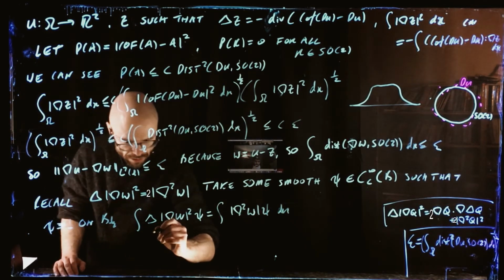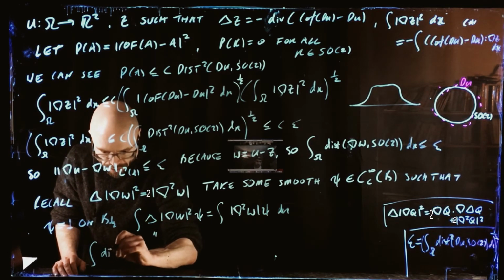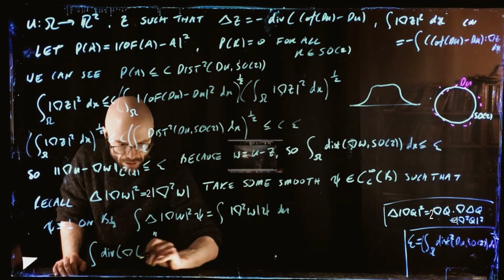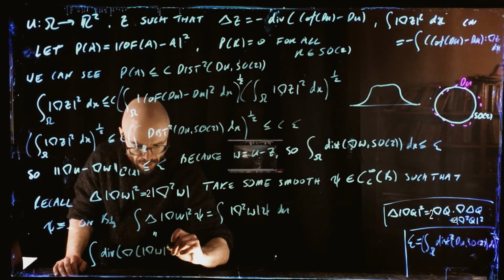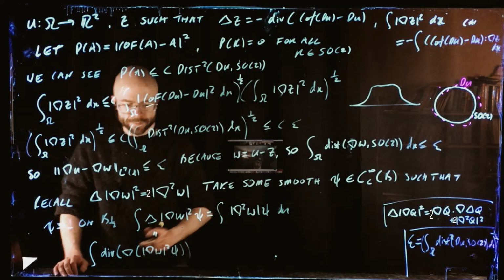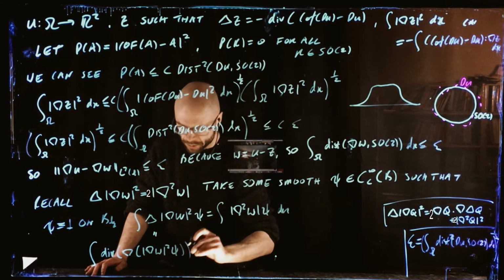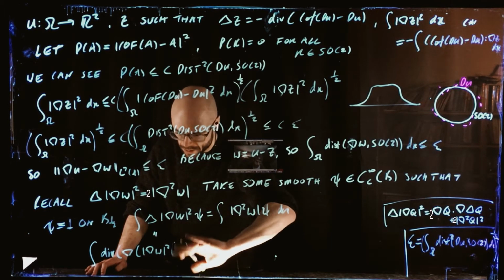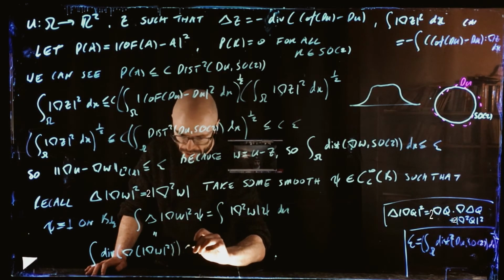So this thing, what's the Laplacian? The Laplacian is divergence of the gradient of this entire expression, without this thing on the test function like this. Divergence of the gradient of this thing times this test function.